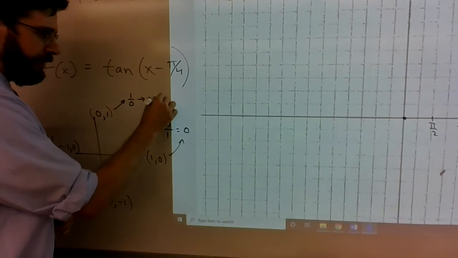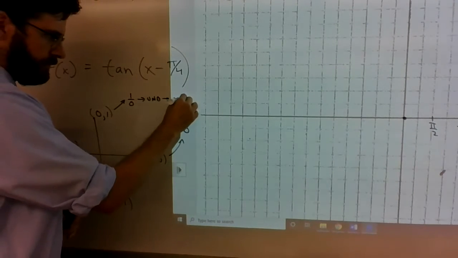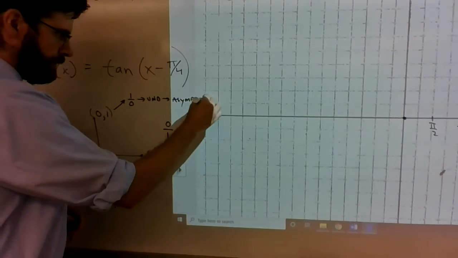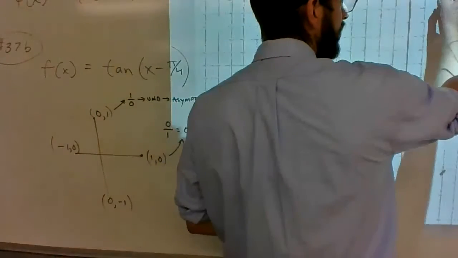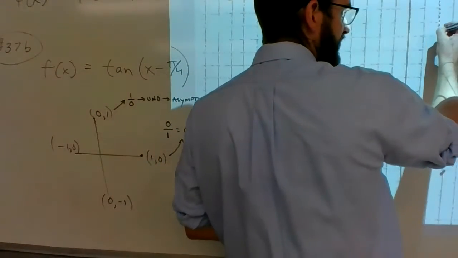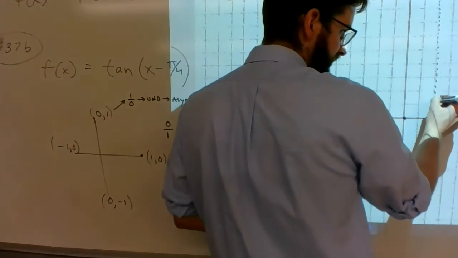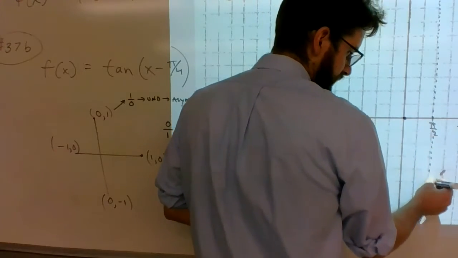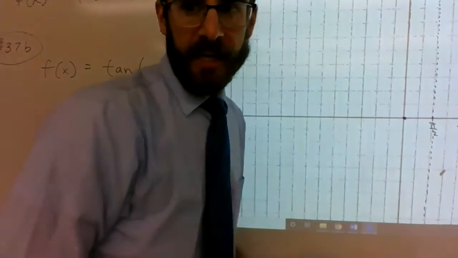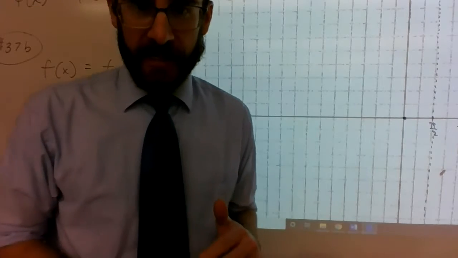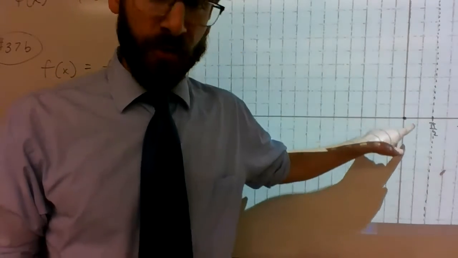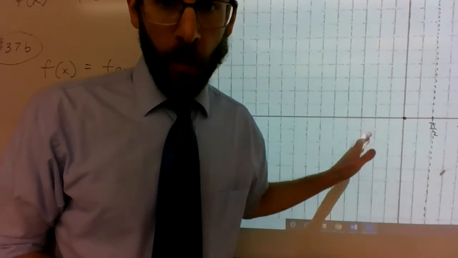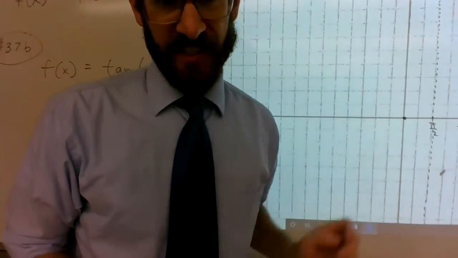And undefined values are basically asymptotes. So at pi over 2, we put a dashed vertical line to designate nobody is crossing through this x value. In fact, the asymptotic behavior is that the curve will get very, very close to it and hug it all the way down to negative infinity or all the way up to positive infinity.